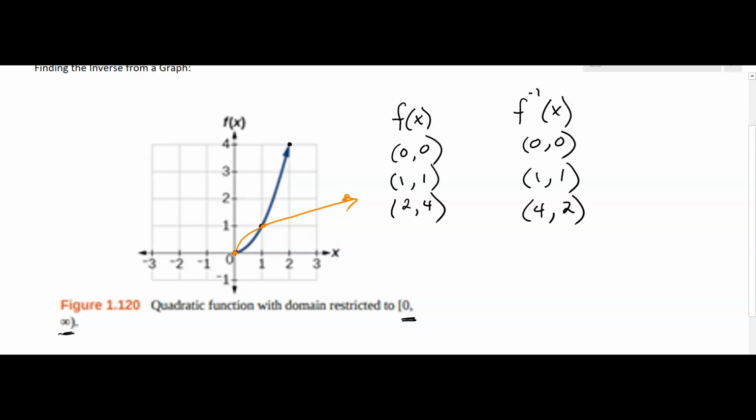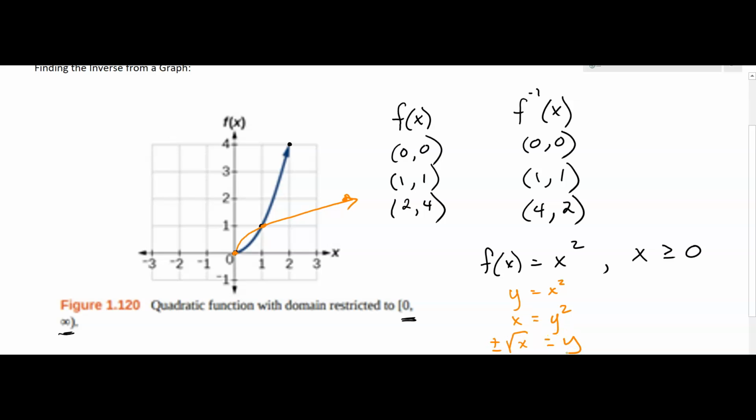If you think about the quadratic function, f of x being x squared, and we've said x is greater than or equal to 0. Then you think about, what's the inverse of squaring something? If I want to do the inverse, that would be y equals x squared, or x equals y squared, or the square root of x, plus or minus, equals y.